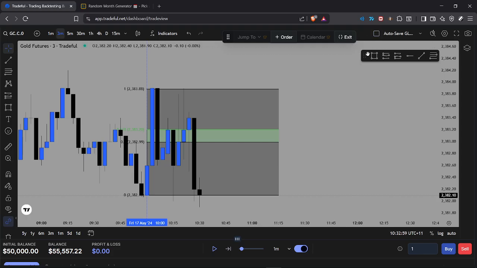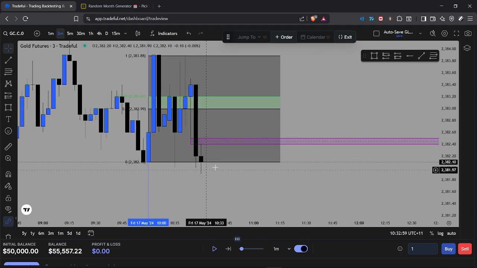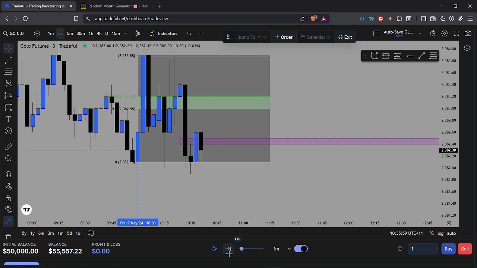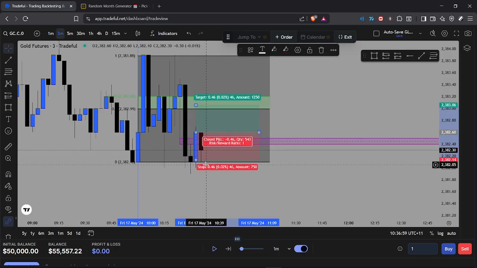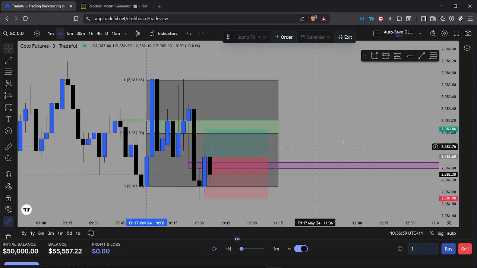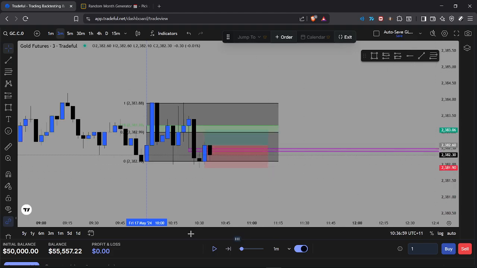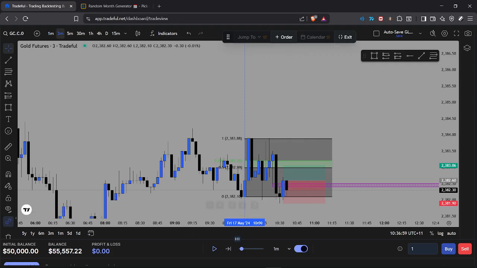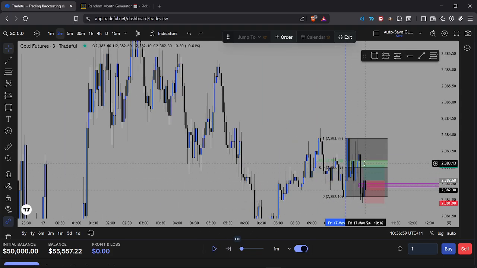Okay, yeah, so we have this one. We can use this as our, so if we want a long, we need a wick here. Okay, I missed it. I meant short by the way at that point. So this would be our setup.